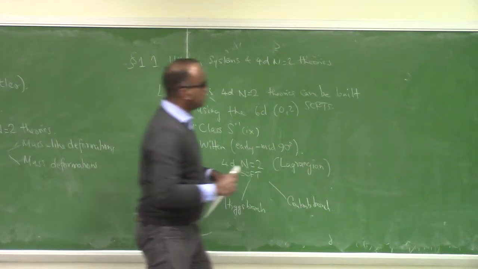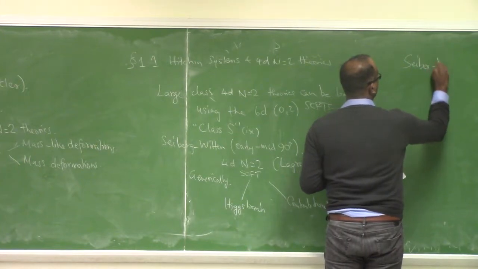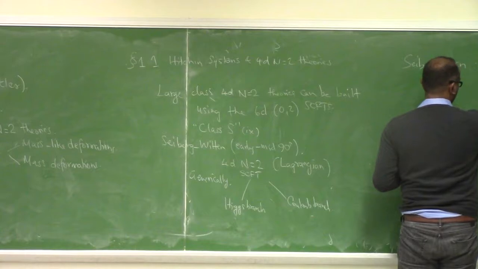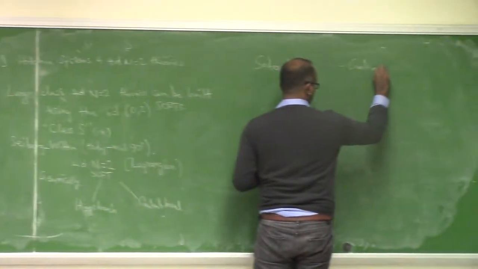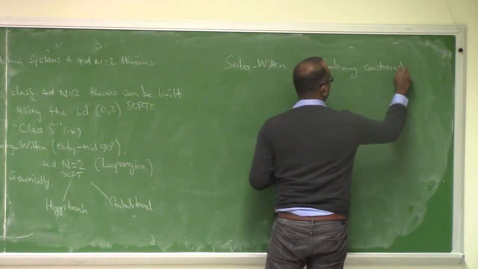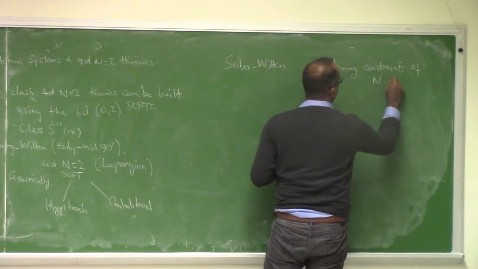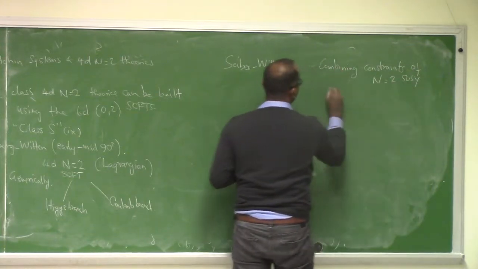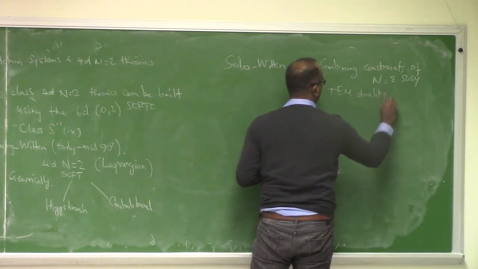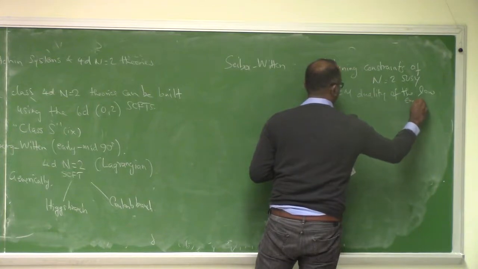In fact, what they really did is they proposed a strategy which involves combining constraints of n equals 2 SUSY plus electric-magnetic duality of the low energy theory.